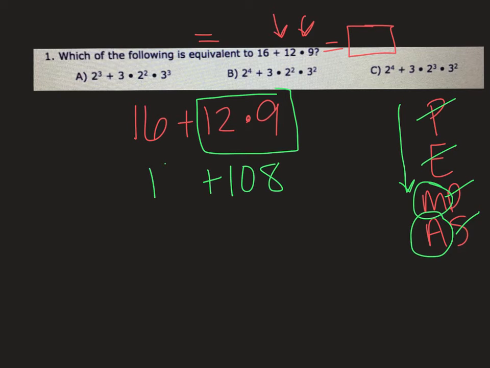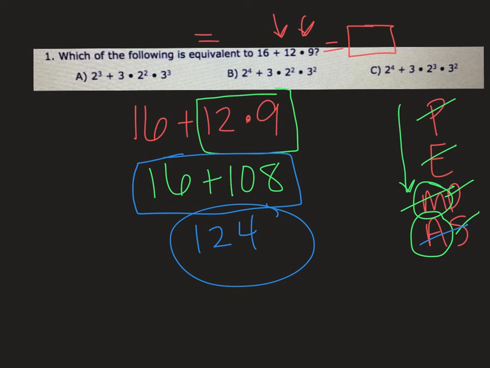And then I just rewrite everything. So I'm done with multiplication. What I do have now is my addition. 16 plus 108, which is 124. I am looking for an answer choice that when I solve gives me 124.